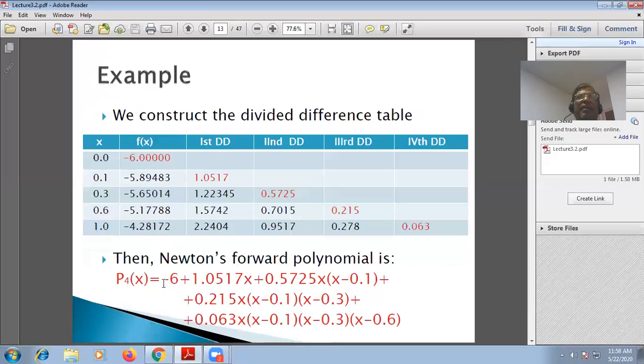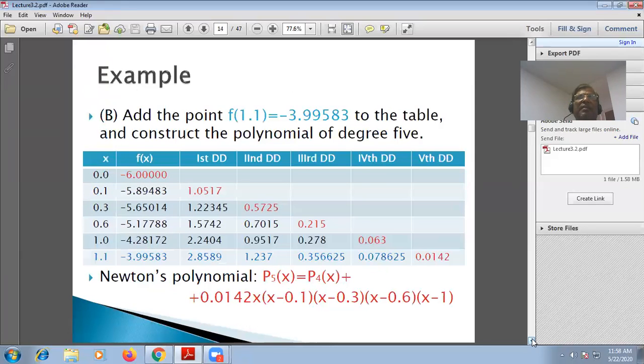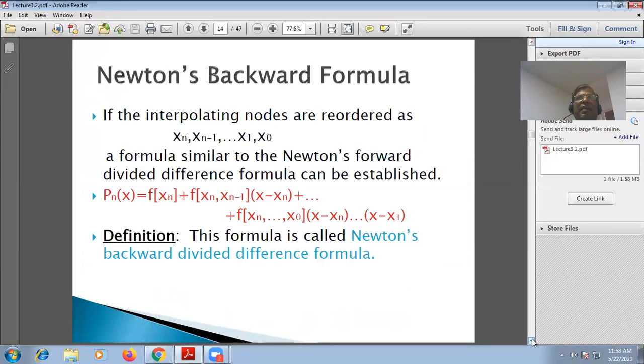Consequently, the number of factors increases in the forward direction. I hope, students, this is very interesting for you and you are enjoying it. This is Newton's backward. Here you see there are some changes, so you should compare the forward and backward, then you can get the idea successfully.